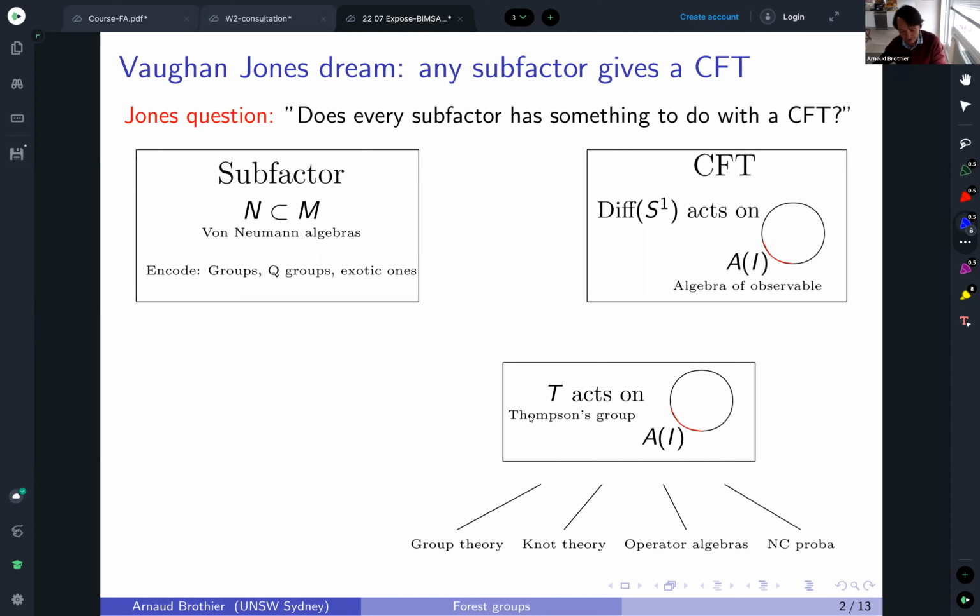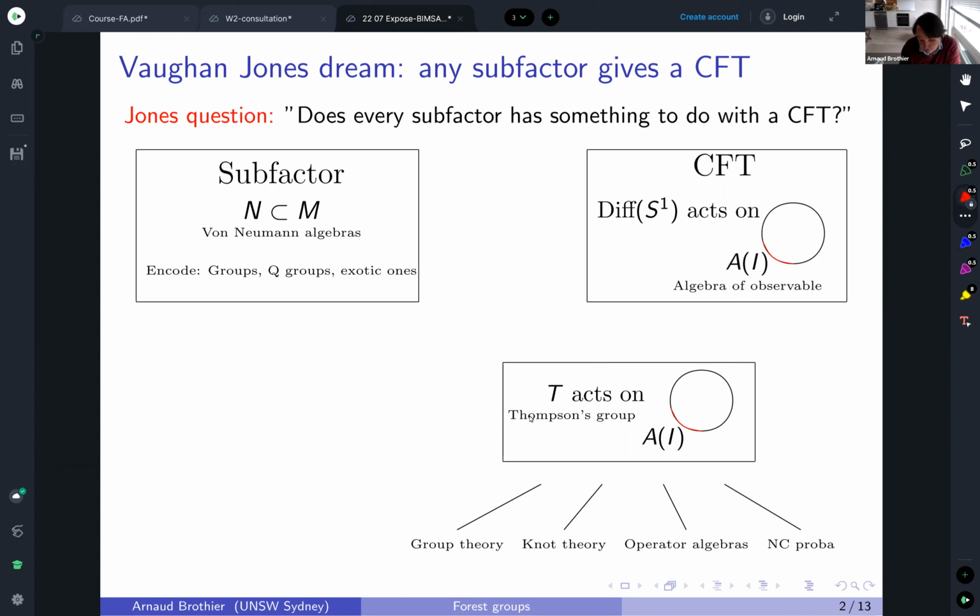The first slide is the dream of Vaughan Jones. Maybe I'm going to unlock the zoom, so it's quite a big picture here. It comes from the fundamental question of Jones.